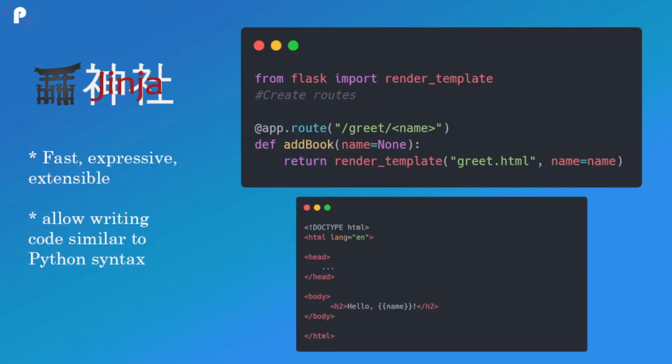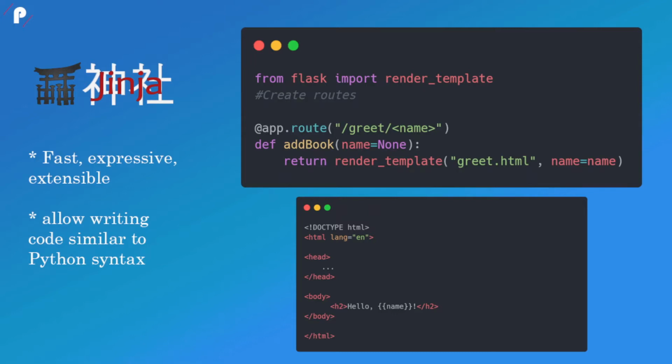As I told you, Jinja allows us to render dynamic information that can be passed as a parameter in the render_template function, something like the first image, where the client accesses the greet path and writes an optional name as a server path.